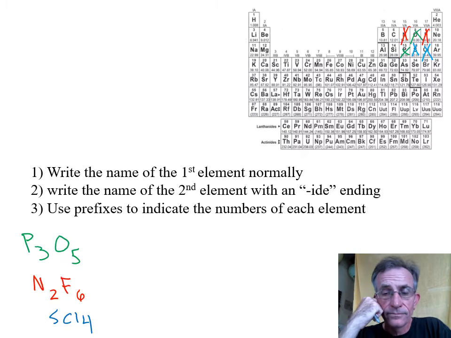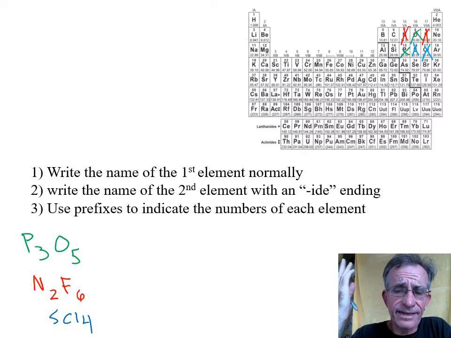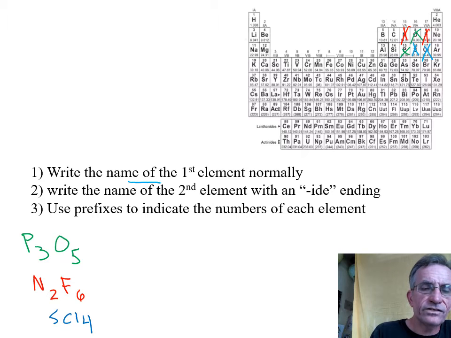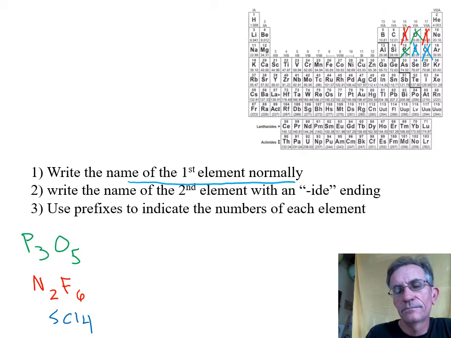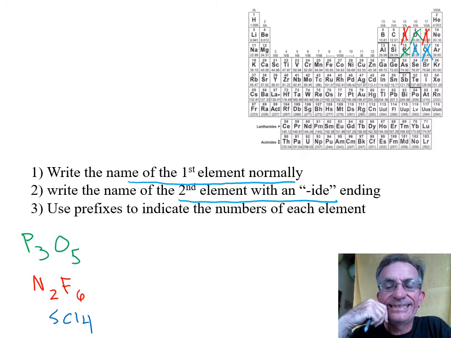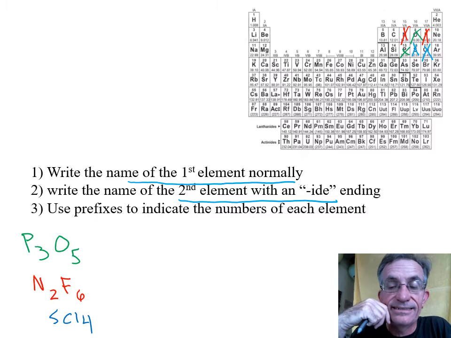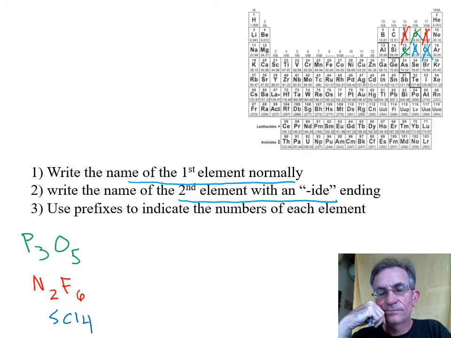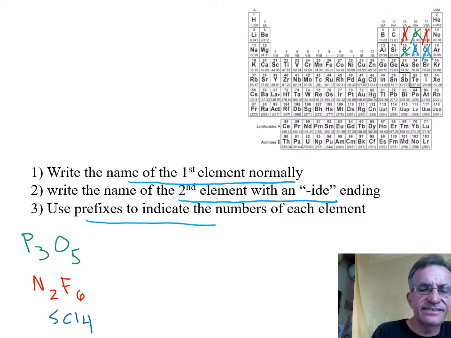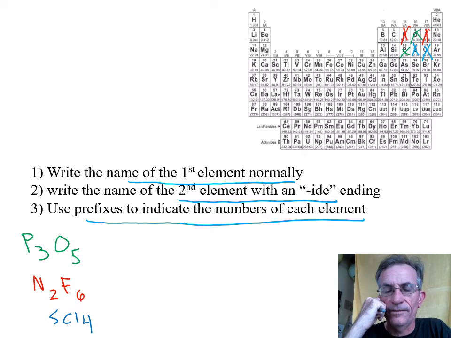Now, how do we name things when they're molecular? Well, the steps are up there. Let's go through it. You're going to write the name of the first element normally. You're going to write the name of the second element, but with the "ide" ending. Oxide, bromide, chloride, that "ide" ending. And then, this is the big change, you're going to use prefixes to indicate the number of each element.